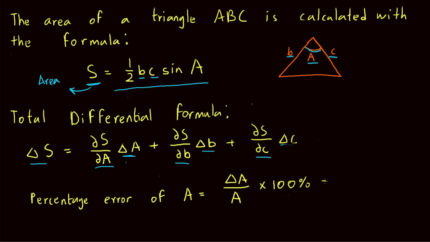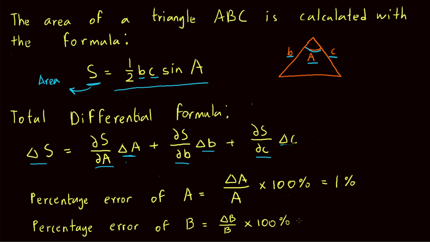And we know that value is 1%. Likewise, the percentage error of B is delta B over B times 100%, which is also 1%, already given to us.